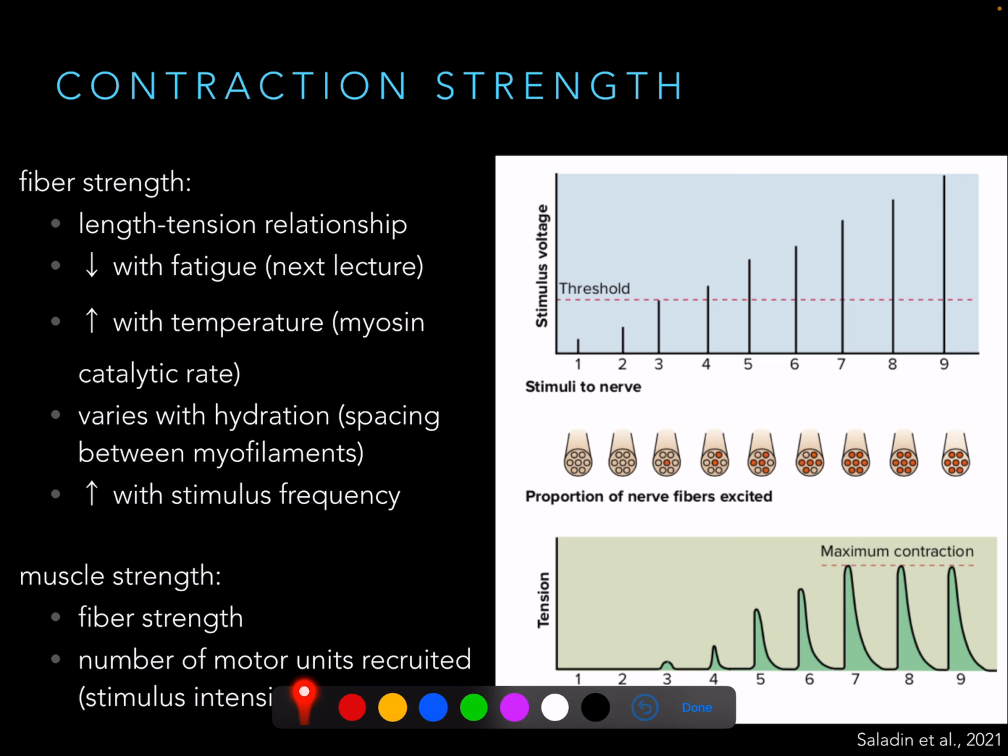Now, the strength of a contraction is going to depend on the strength of contraction within a single fiber and the whole muscle. Okay, the fiber, we've seen the length-tension relationship. So that's going to determine how strong the contraction is. If it's already contracted, hard to generate more force. Fatigue matters, and we'll cover this in our next lecture together.